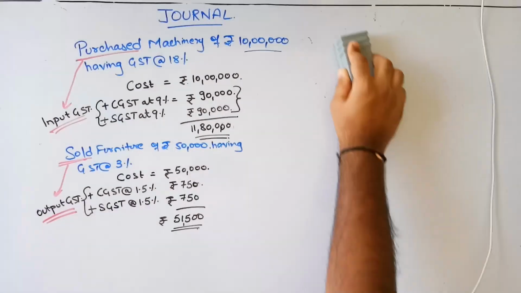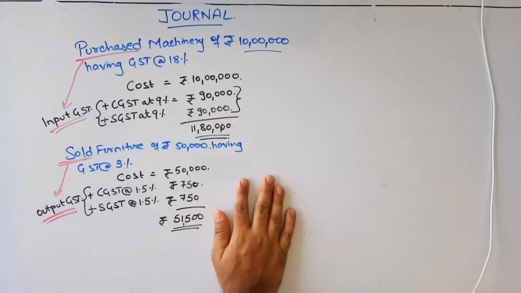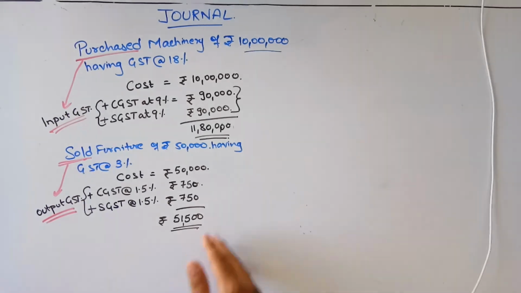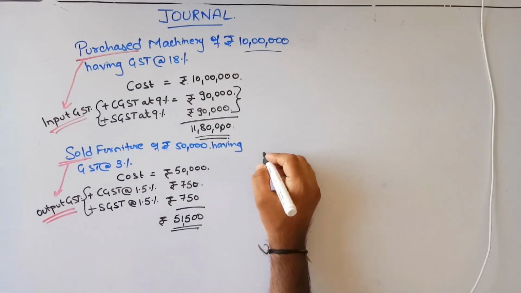The next transaction is: sold furniture rupees 50,000 having GST at 3%. Okay guys, we are considering the GST also now. Now tell me one thing. Over here, what are the four aspects? What all aspects do we have? Firstly, we are selling furniture.